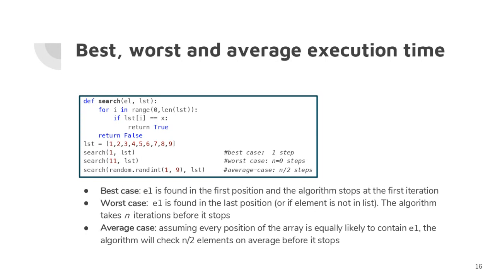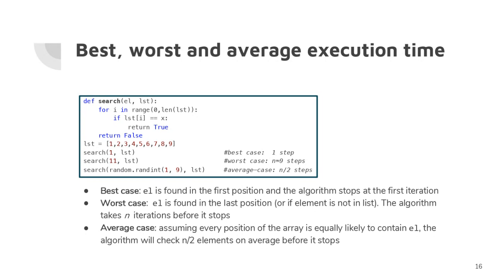That's important because sometimes your program is going to take a long time. It's going to take linear time. If your list consists of billions of items, in the worst case you have to go over each element in your list. And then you have the average case.